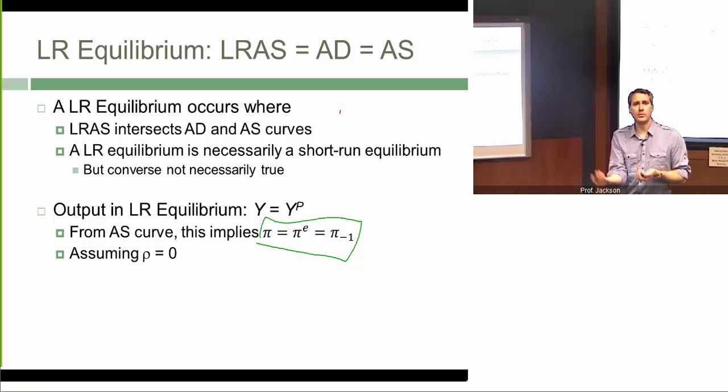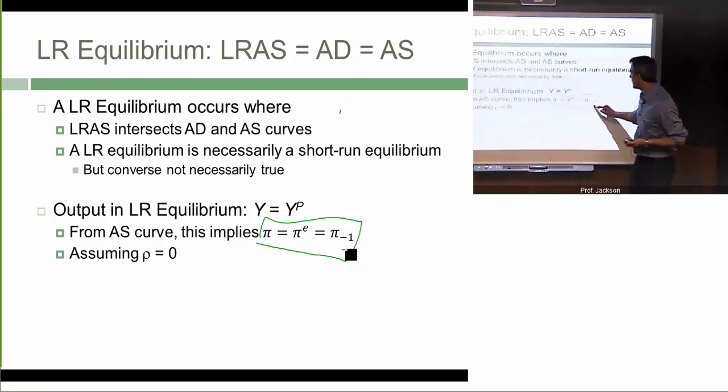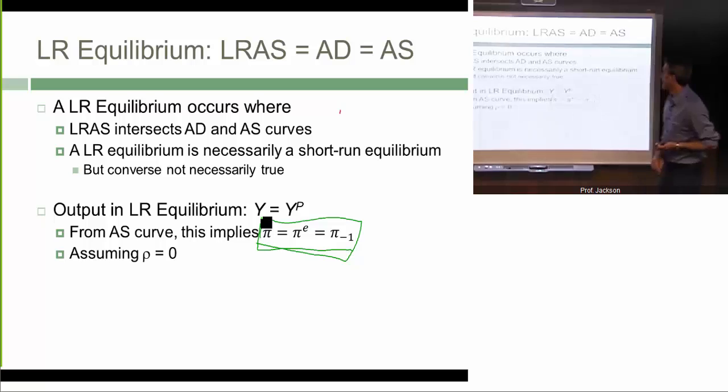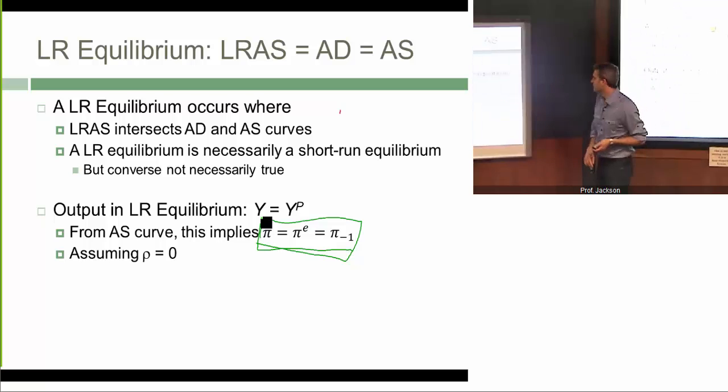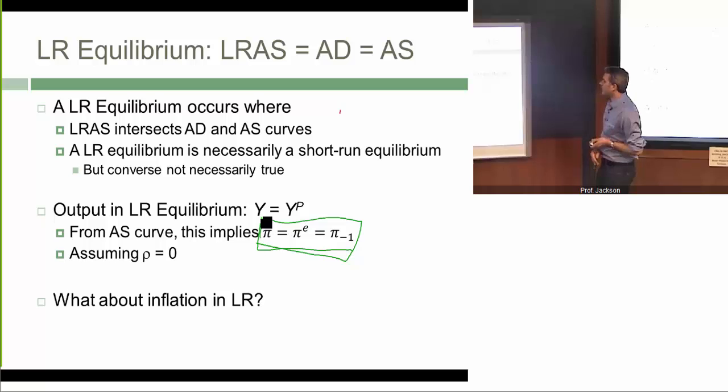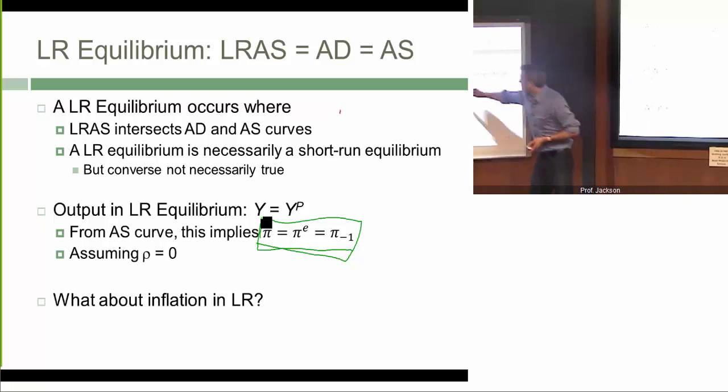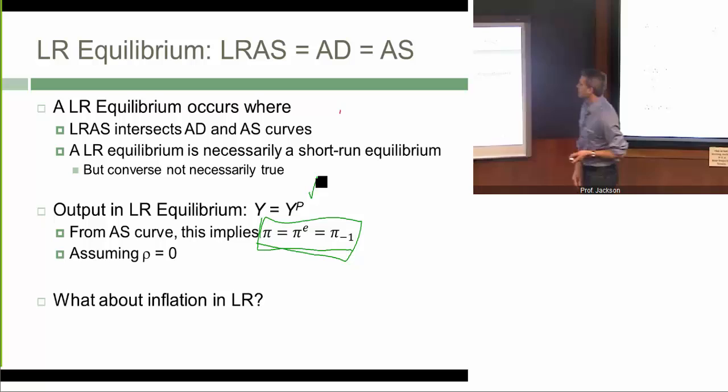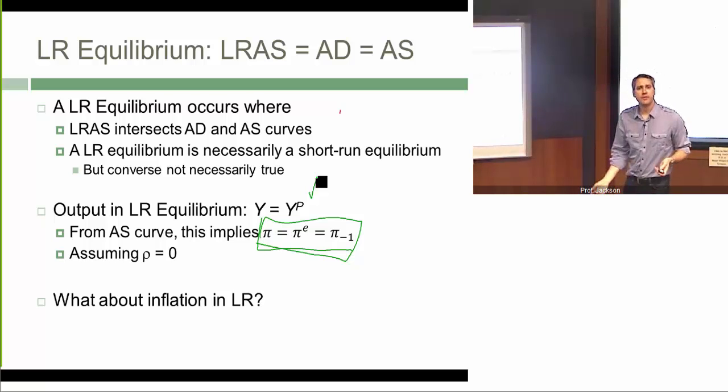They can just look out the window and see if it's raining or not and say, yep, I was right, or no, I was wrong. And so it's got to be internally consistent that in the long run, inflation has to be equal to inflation expectations. And we're also assuming in the long run that these rho shocks are equal to zero. So we're assuming these shocks are temporary and are not long-lasting in a long-run equilibrium. And so then the question becomes, well, we already know what happens to output in our long-run equilibrium. Then what about inflation in the long-run equilibrium?